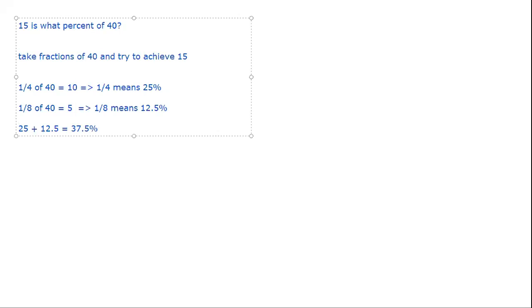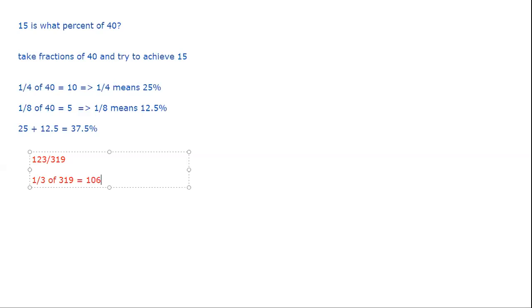Now let's apply this in the earlier question. So 123 upon 319. First thing you observe, this is starting with 100, this is starting with 300. So the fraction you should take is one third. One third of 319 is approximately 106.